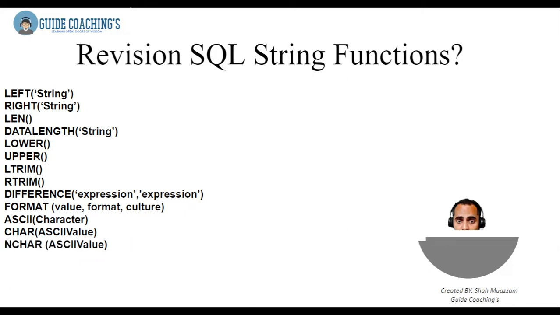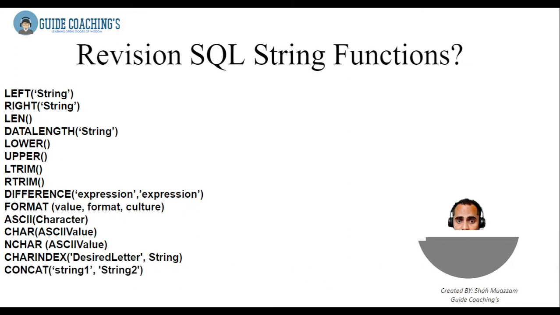Then we had nchar, which works similarly to char. And then we had charindex. Whenever we want to find the index of a character, we give the desired letter and then the string, and that character's index will be found in that string.